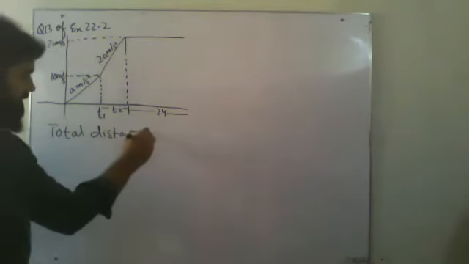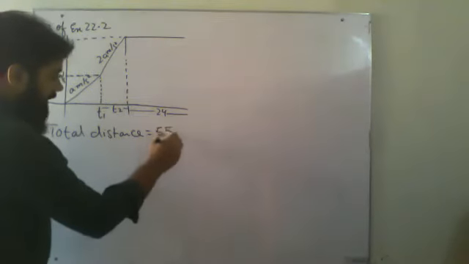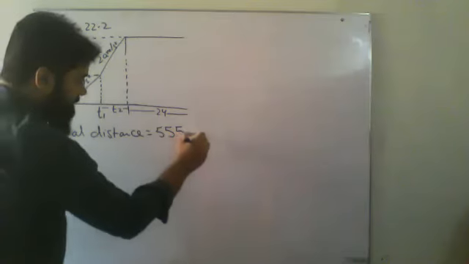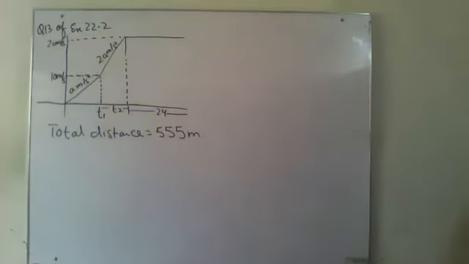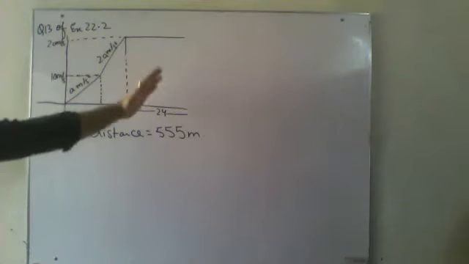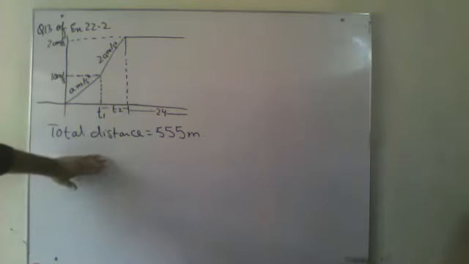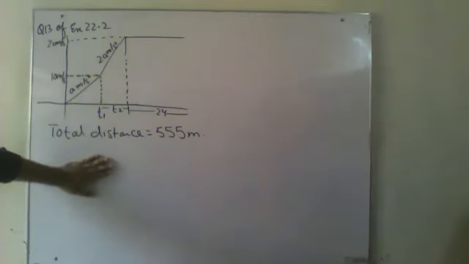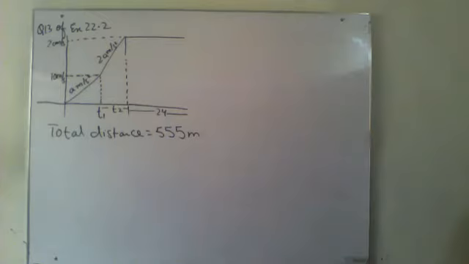Okay, that is the first thing. This is the information. So I have drawn a velocity time graph and I have got 555 meter over here, right?